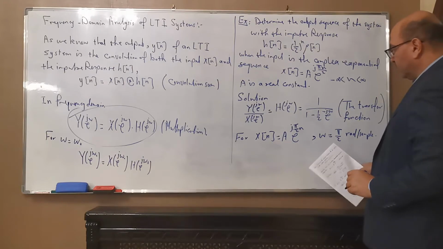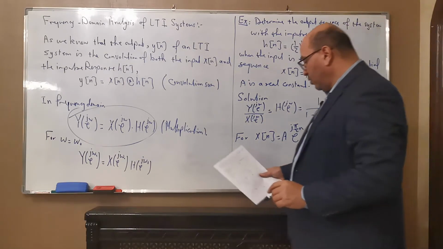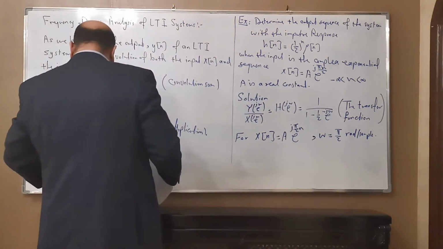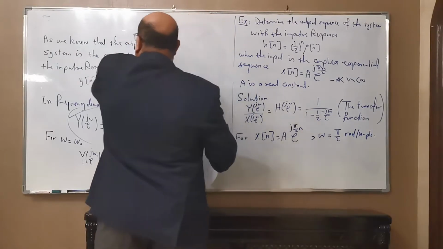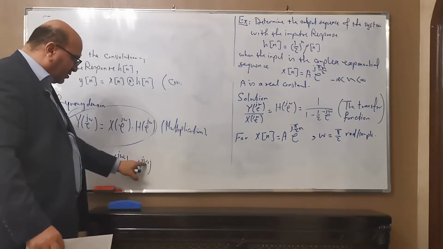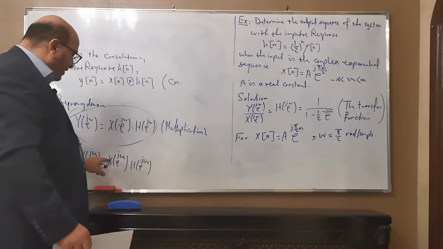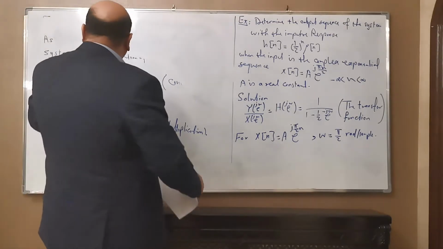So our ω0 is π over 2. So how are we going to find the output? What we will do is apply this equation here. We will apply H at this particular frequency, we have X at this particular frequency, and we will combine those together.